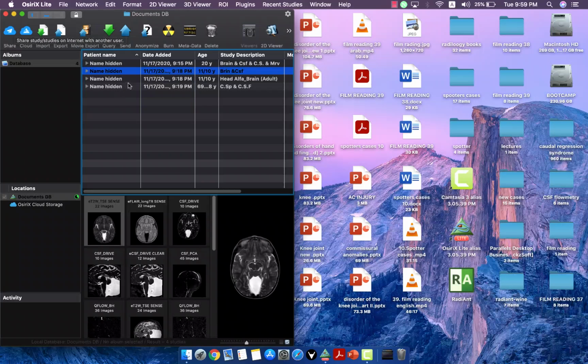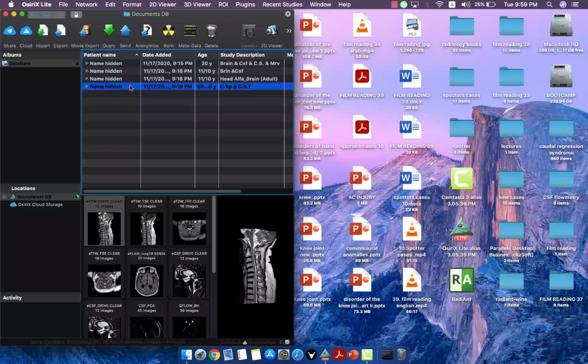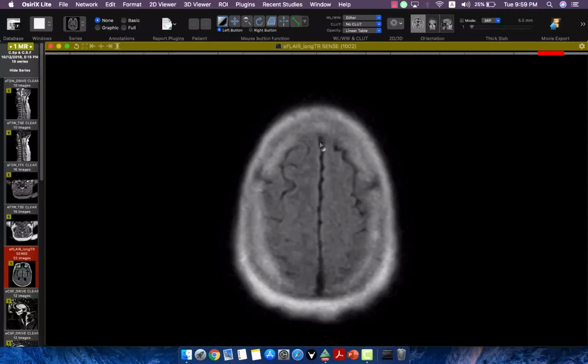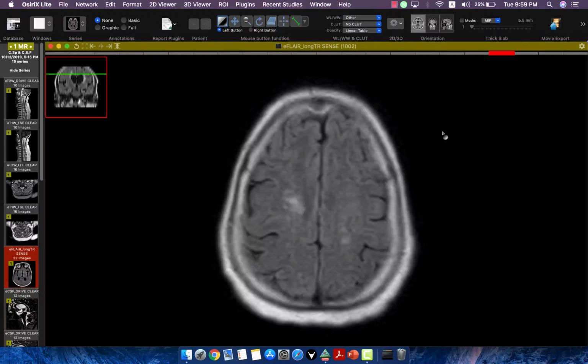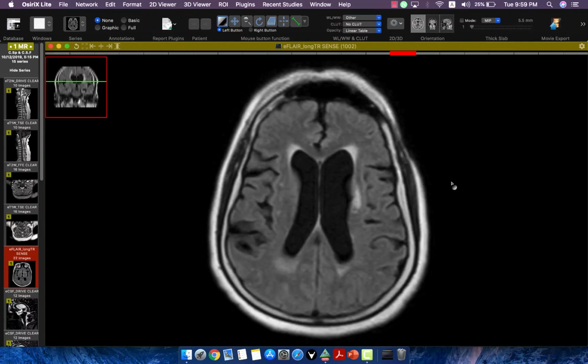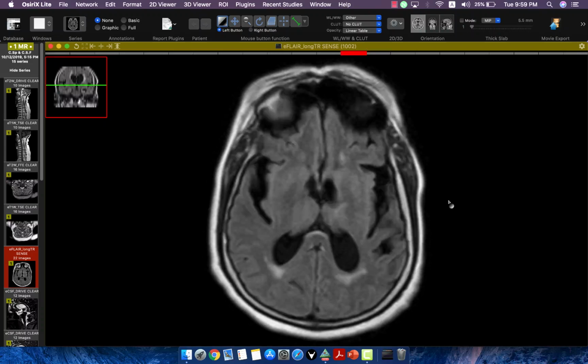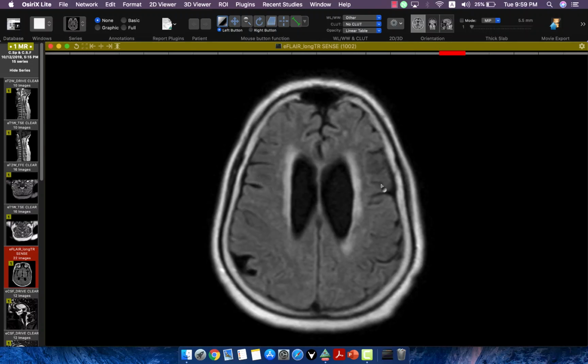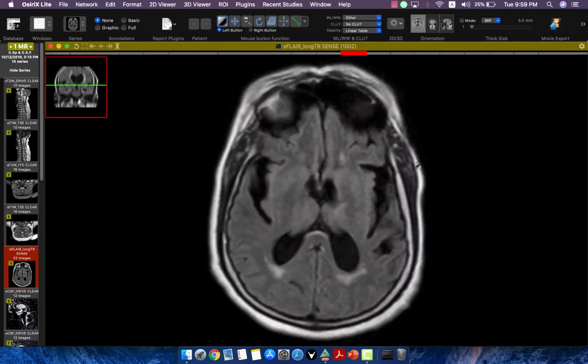The last case here is an example of normal pressure hydrocephalus, where the patient has a dilatation of the ventricular system that is out of proportion to the extra-axial CSF spaces.